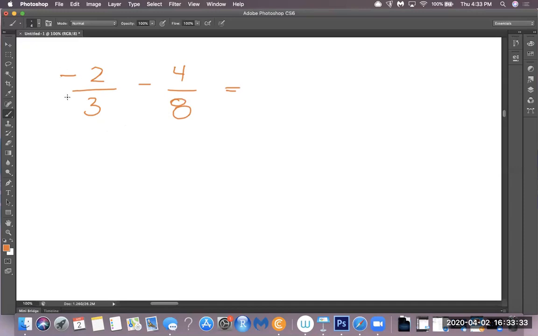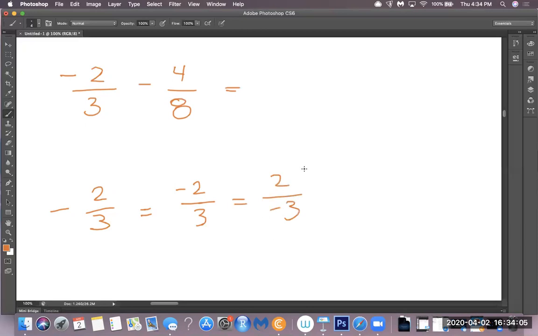Where to put the negative. Let's look at -2/3. There are 3 ways of writing the same fraction with that negative. The standard way is to put it in the middle. That's equal to putting it on the top, which is also equal to putting it on the bottom.